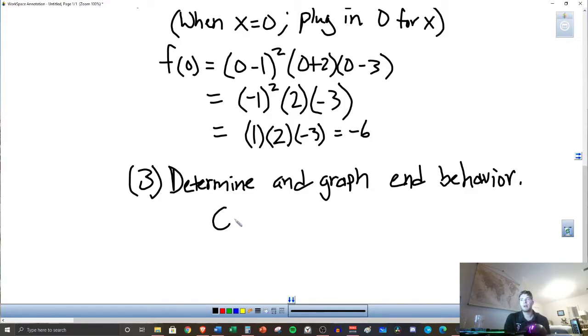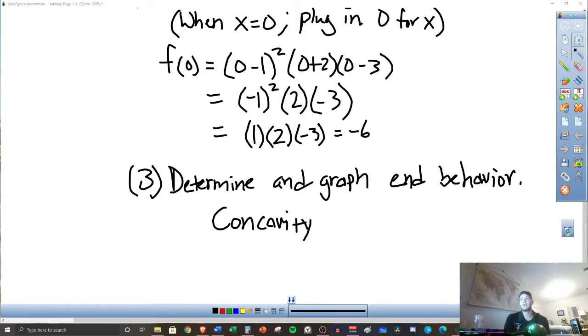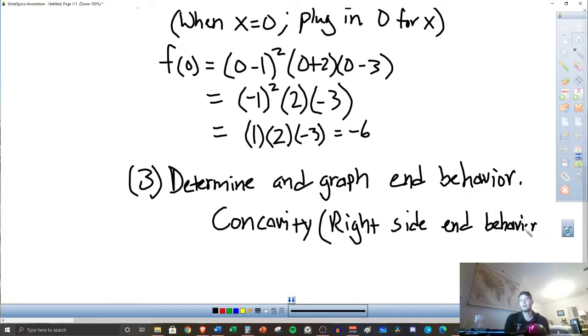First off, let's talk about concavity, which I'm going to add the note, this is the right side end behavior. That's really the goal.